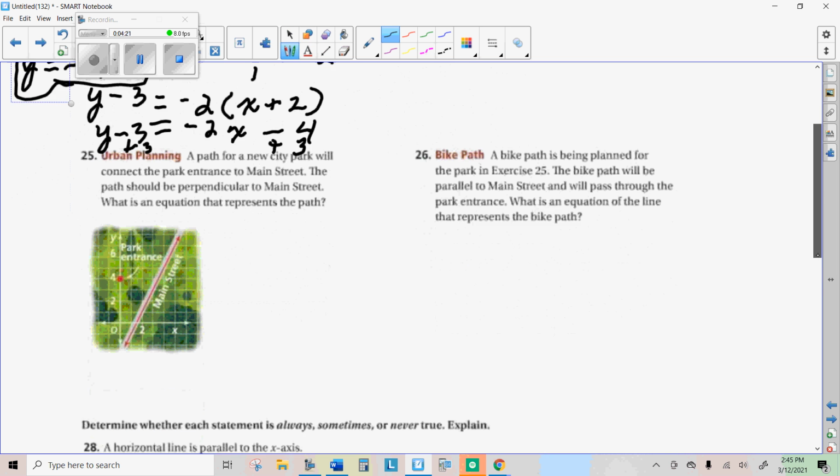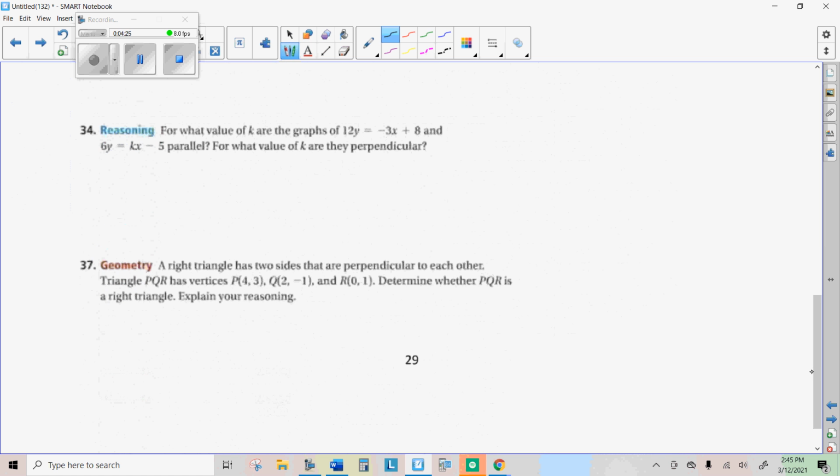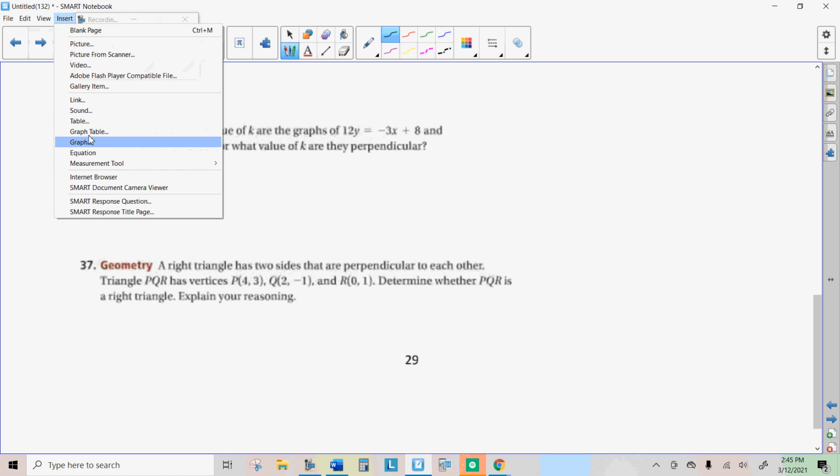All right. The other thing I thought I'd do with you is this geometry problem. And I think it would not hurt for me to graph that. So I'm going to make a graph.